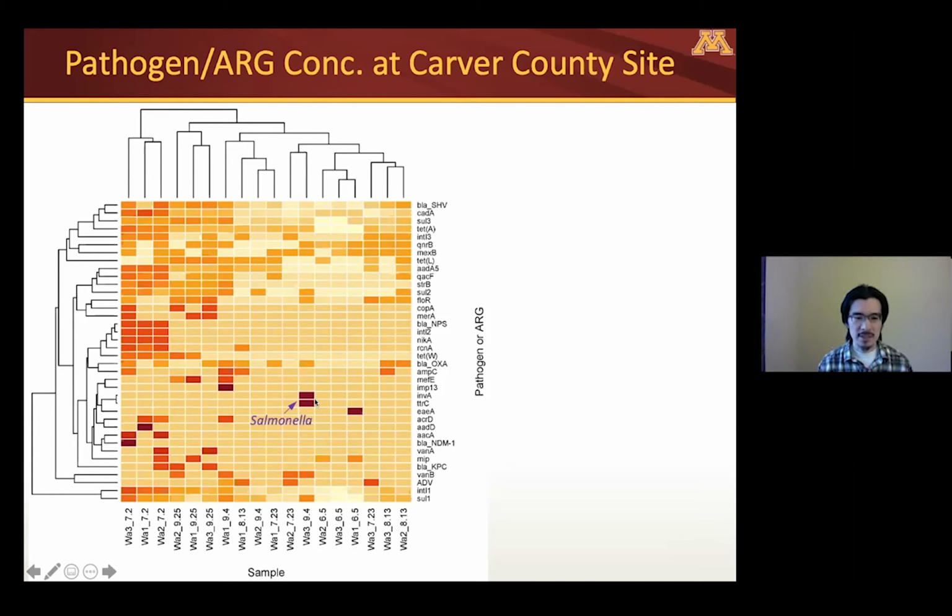So this means Salmonella was detected at high concentration on this date, September 4th. Similarly, this gene, EAA, is from enteropathogenic E. coli. This gene is detected at relatively high concentration on June 5th.